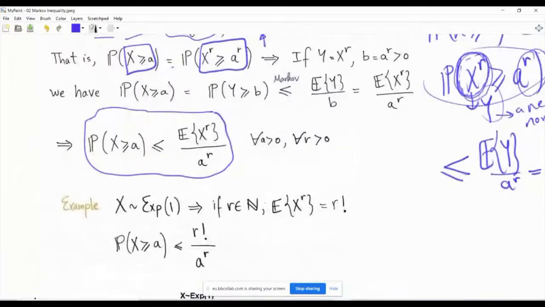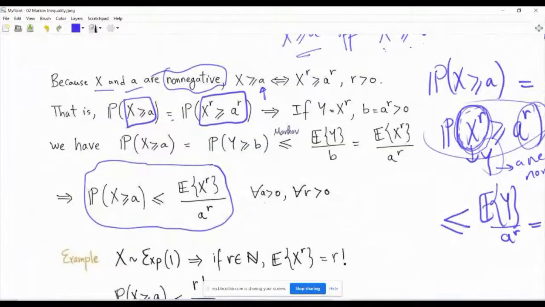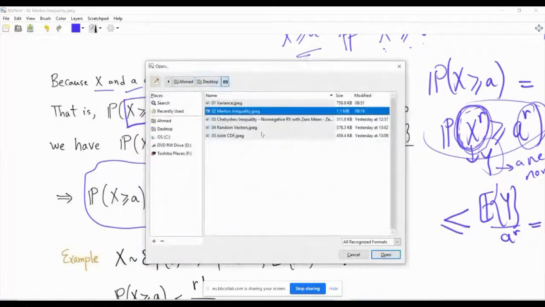Later in the course, we will study the Chernoff bound, which is a trick like this, but rather than raising both sides to the power r, we will exponentiate. We'll basically take e to the power of both sides. We'll see this trick later and talk about it in detail. It's a very powerful trick that is widely used in probability and statistics.